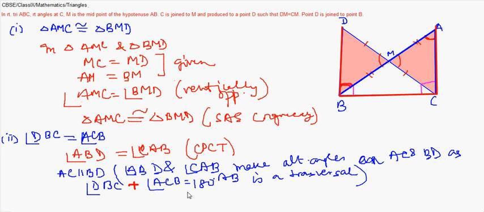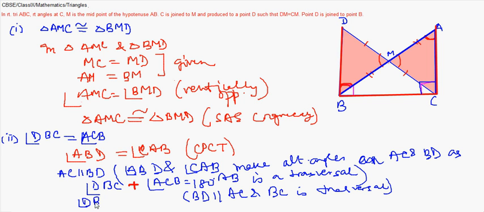Here you write BD parallel to AC and BC is a transversal. They are on the same side of the transversal and they are supplementary. We had already been informed that ACB was a right angle, that is 90 degrees. So angle DBC will be 180 minus 90, and that makes it 90 again. So that is also proved.